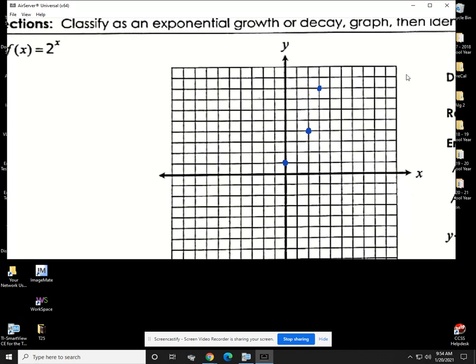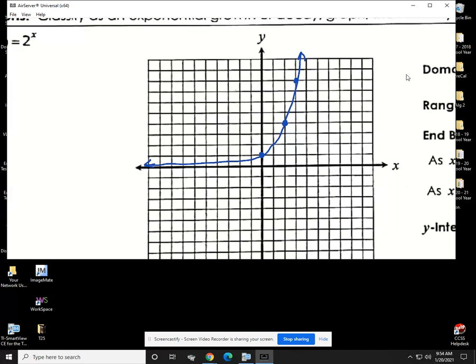So I'm going to draw this thing hugging that x-axis, increasing gradually until it starts making its real turn upward. And that is what exponential growth looks like. Is that hard to graph?